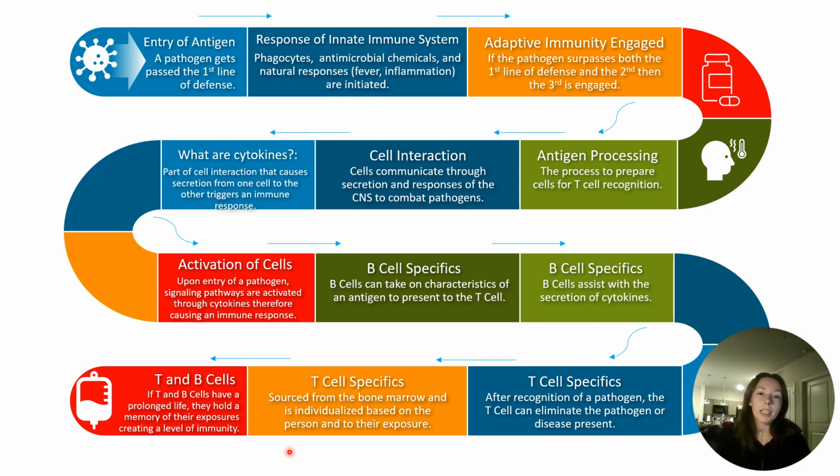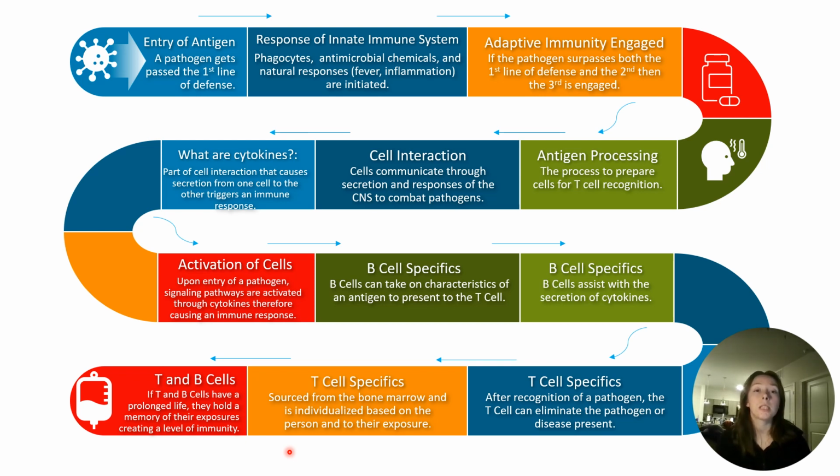All right, now getting into T cell specifics. After the recognition of a pathogen, the T cell can then eliminate the pathogen or disease present. It's also been known to help combat cancerous cells. Another thing in our flowchart for the T cell is that it's sourced from the bone marrow.